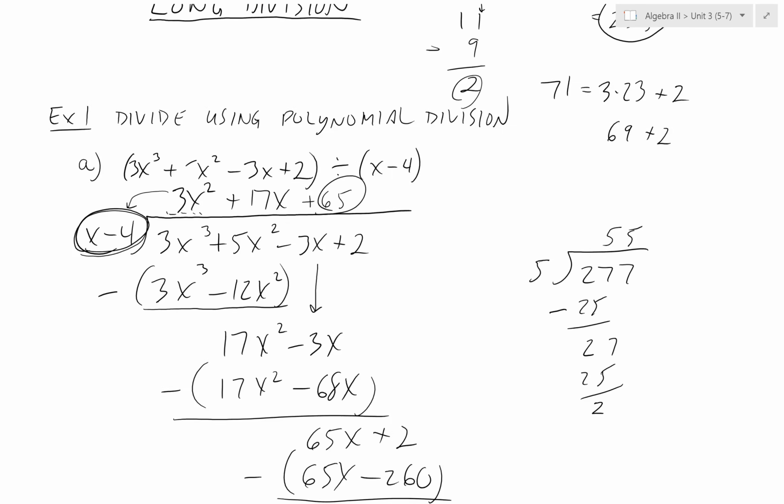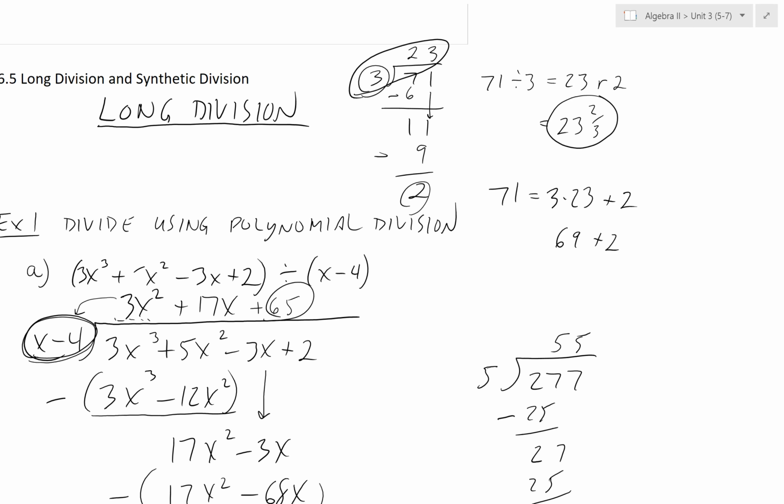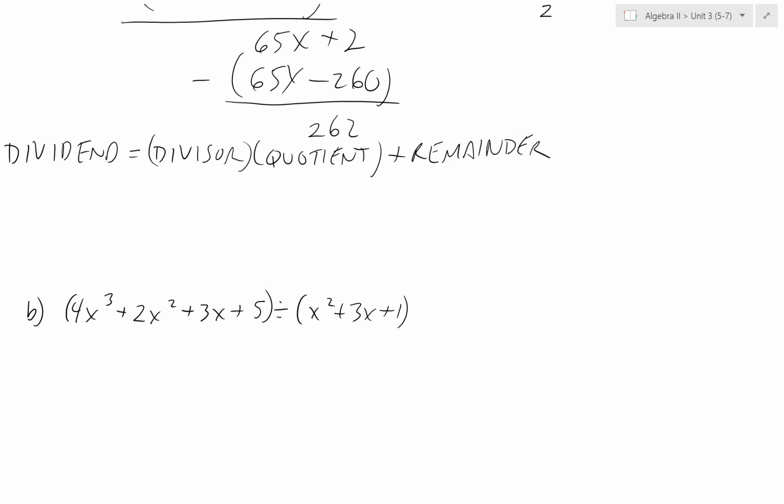See, up above we did this problem and we wrote 71 equals 3 times 23 plus remainder 2. And that 71 equals 71. So we're going to do that same thing here.